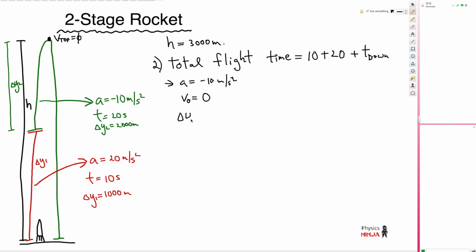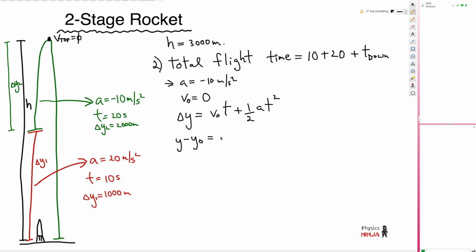You can use equation number 3. It simply says that the displacement is v0 times t plus 1/2 at squared. Okay, so the displacement is simply going to be y minus y0.